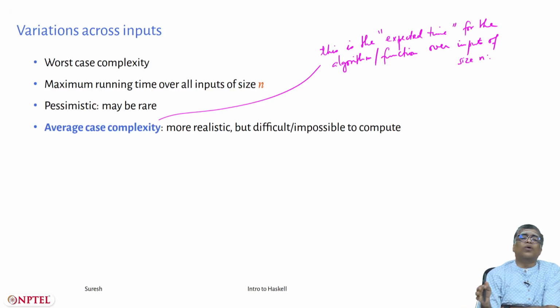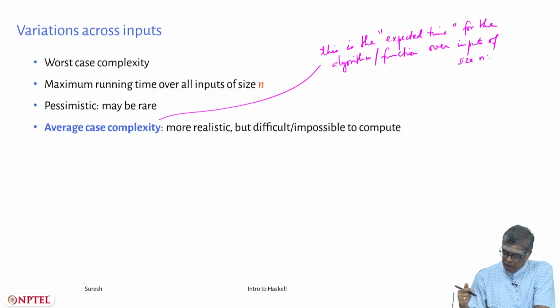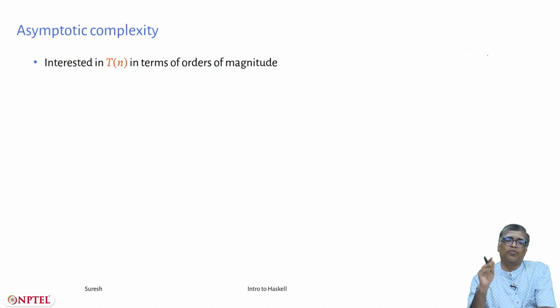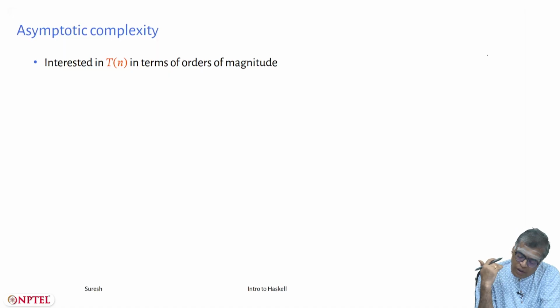Okay. So one way to compute this would be to look at the time taken on every input of size n and then divide it by the number of inputs of size n. Okay, that's really the average, but it is usually difficult or impossible to compute this. So people therefore look at worst case as the standard measure when you talk about the time consumed by algorithms or functions.